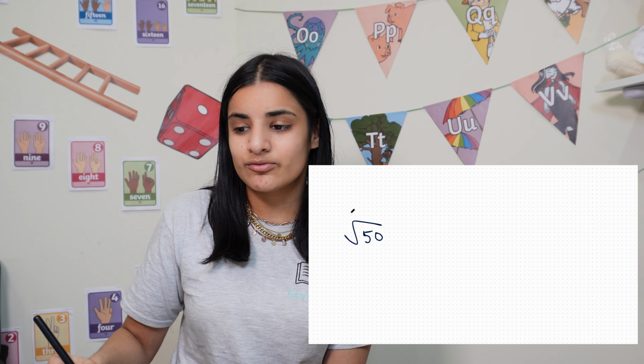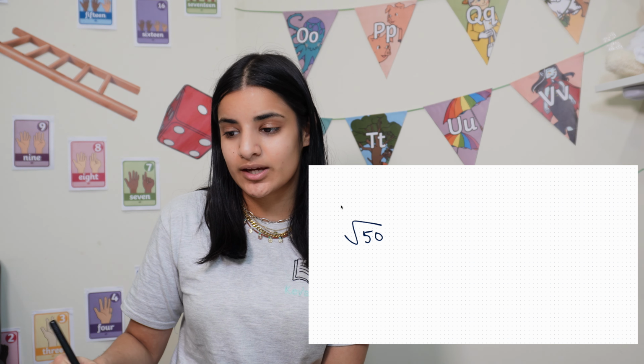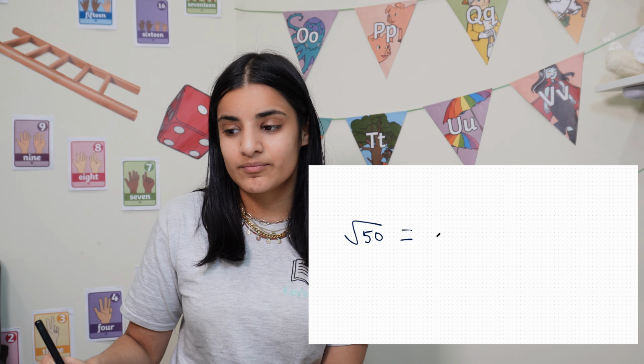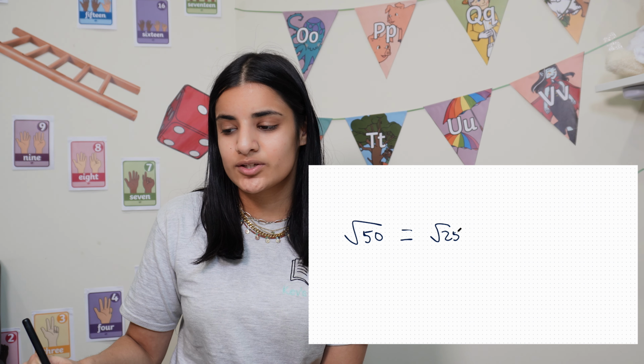Now, when simplifying a surd, you're wanting to find two numbers that multiply together to give you that number, in this case, 50. But it's really important that within those two numbers, one of them is a perfect square. And it's always very good practice to put that square at the start of your equation. So, for example, I have root 50. The two numbers I'm going to pick are root 25 times root 2.